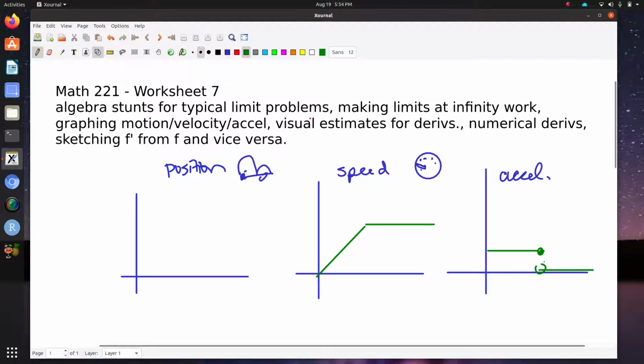But what would the position of this car be? We know that if it's going at a constant acceleration, you're still going to get this kind of thing going on. And then once you reach this slope, you would just continue on at that slope. So that's one possible way of drawing that, but there are other ways it can end up looking.